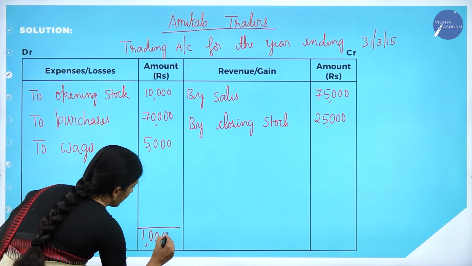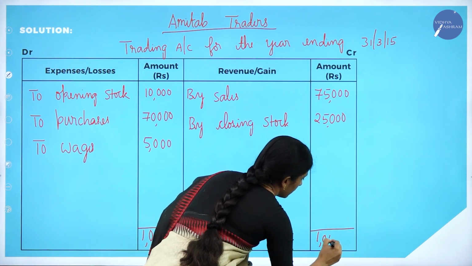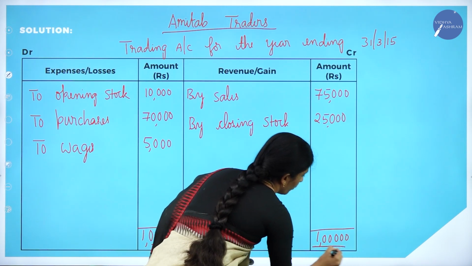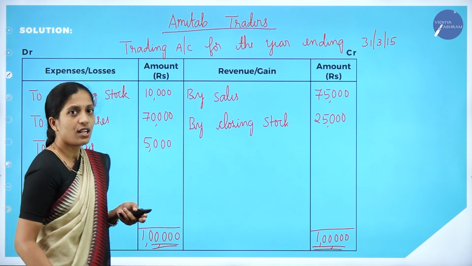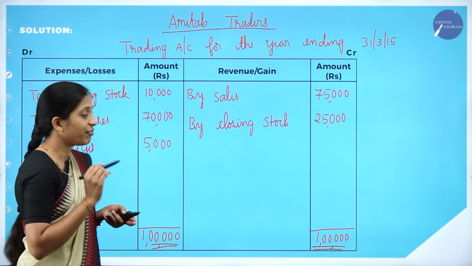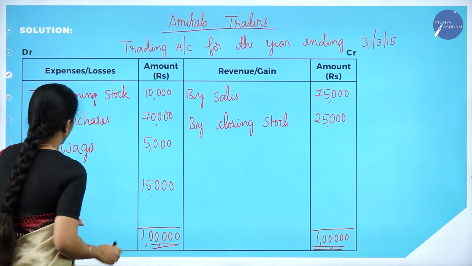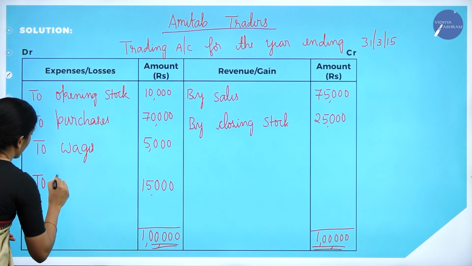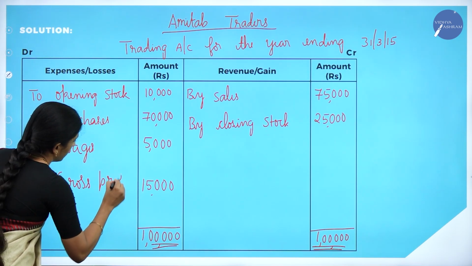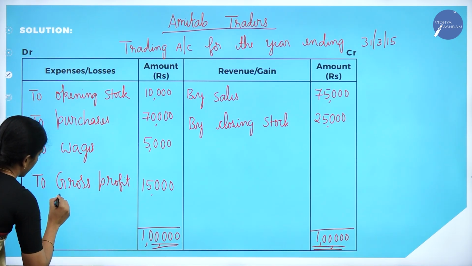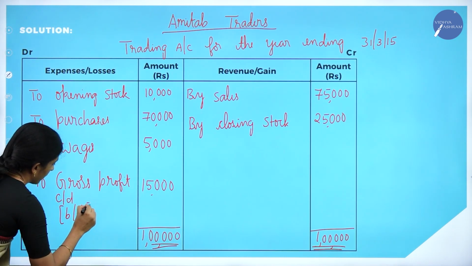So write 1 lakh on both sides. 1 lakh minus 85,000, how much will you get? 15,000. That is gross profit. So how do we write it? To gross profit carried down, and this is the balancing figure.